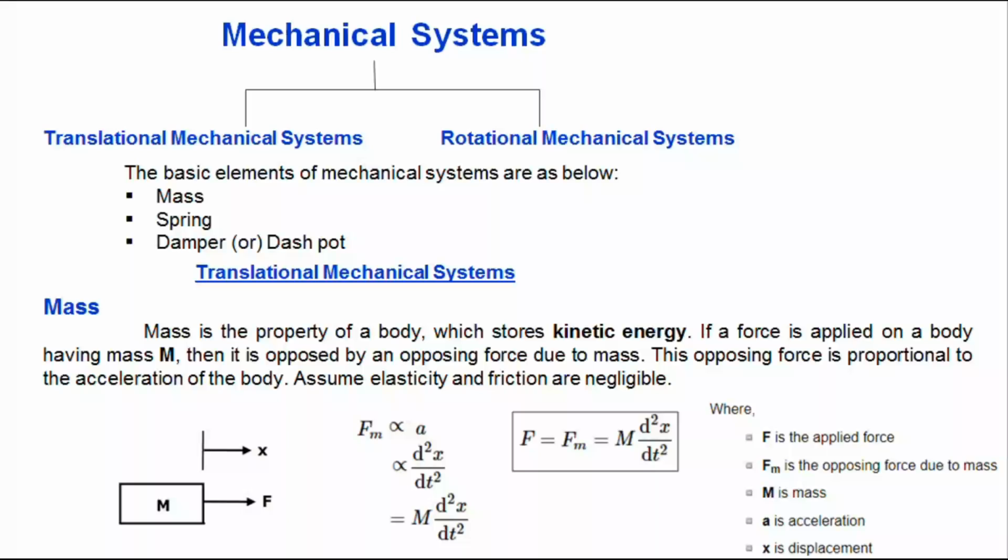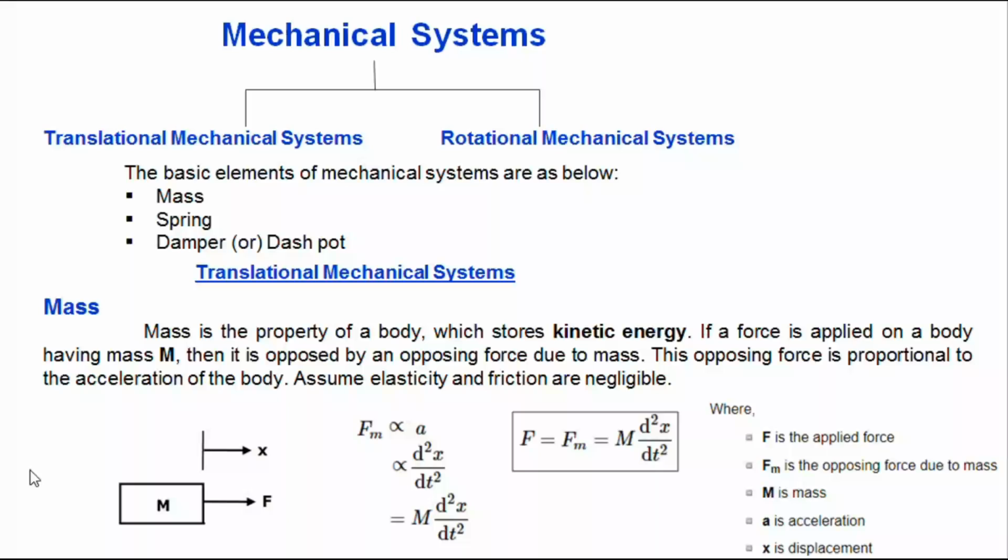The first one is the mass element. Mass is the property of a body which stores energy. That energy is called kinetic energy. If a force is applied on this mass element, indicated by the letter M, the mass element produces an opposite force according to Newton's second law.